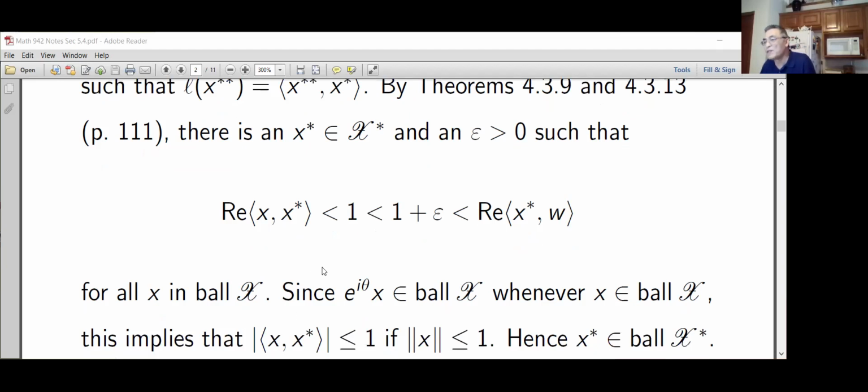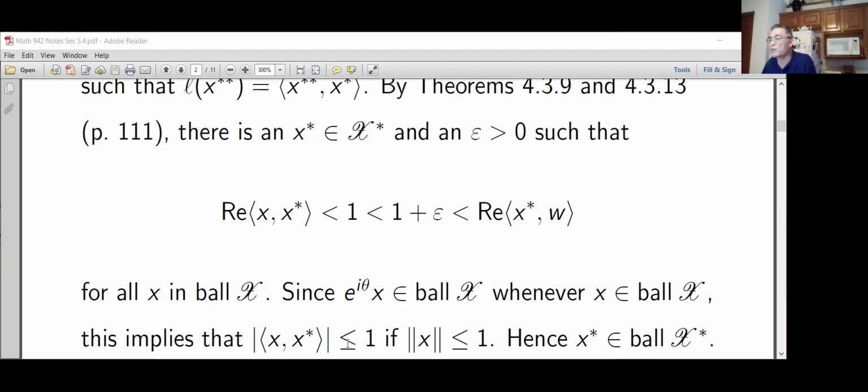So the absolute value of the inner product here, this is not really an inner product. This is the value of the functional on x. If we multiply x by e to the i theta with a suitable theta, we can make this real part equal to the absolute value.